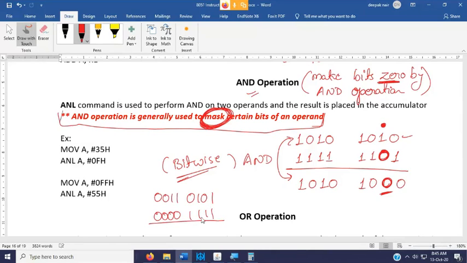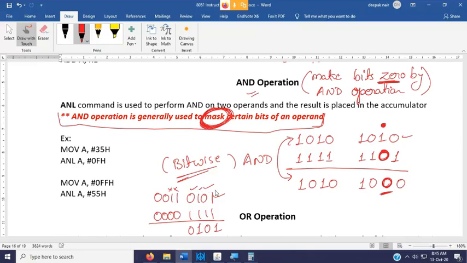Now here you see the rest of the bits will remain the same. Only those bits which I forcefully want to make 0 will change. So I am forcefully trying to change these two bits. The rest of the bits will remain there itself because I am multiplying with F. So 1 cross 1 is 1, previously there was 1. 1 cross 0 is 0, previously also there was 0. 1 cross 1 is 1, 1 cross 0 is 0.